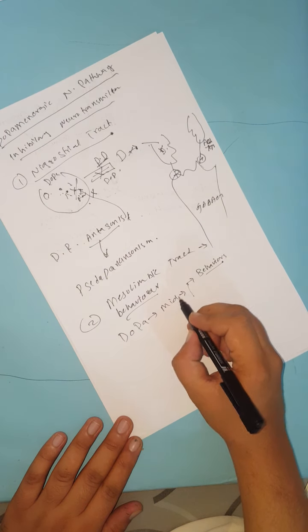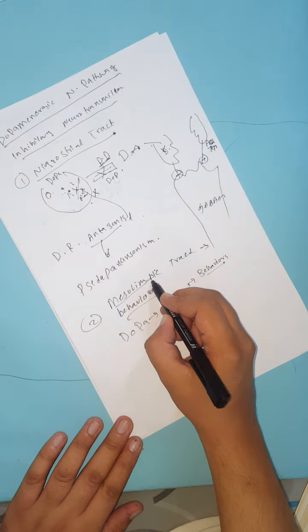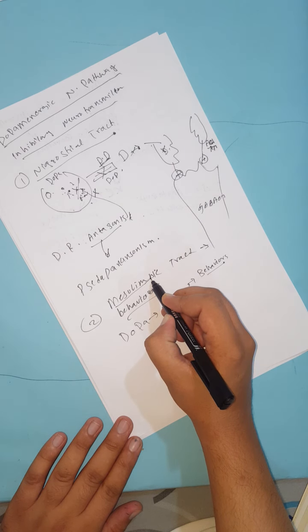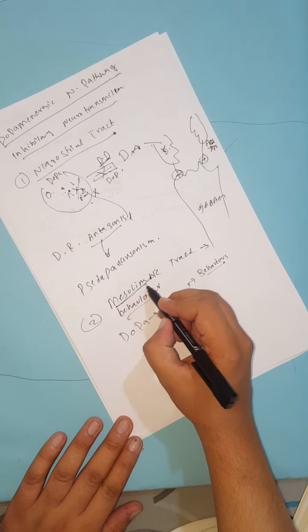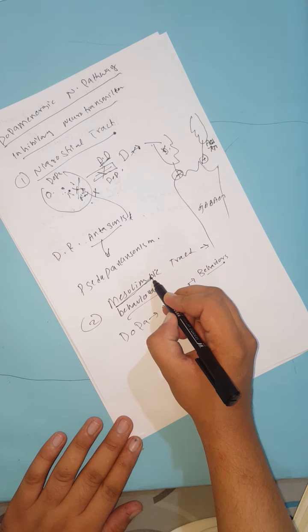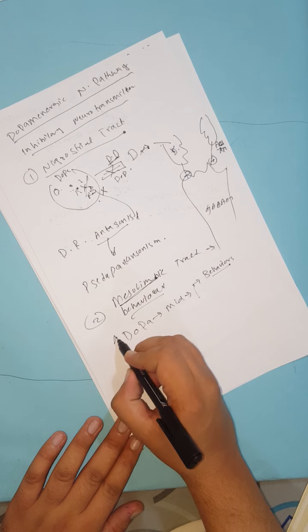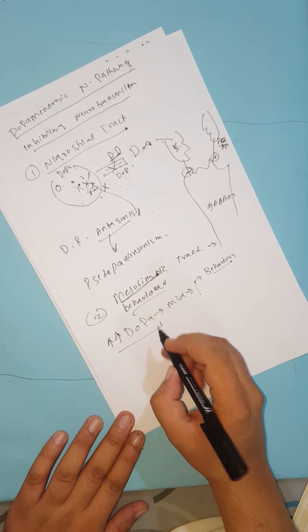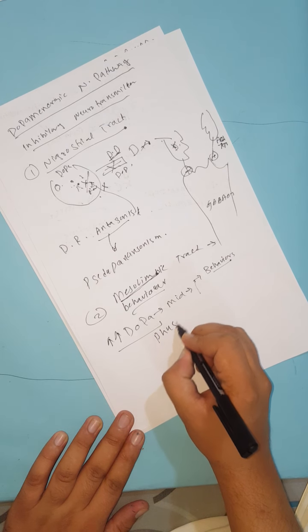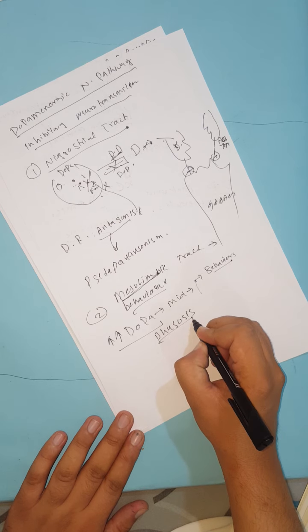Psychotic disorder occurs in this pathway because of this. High doses of dopamine in the mesolimbic tract may cause psychosis.